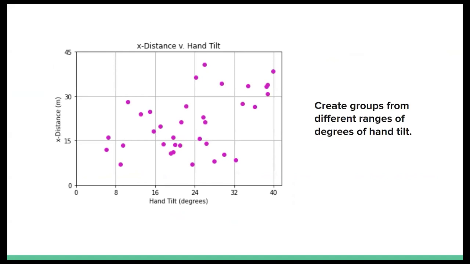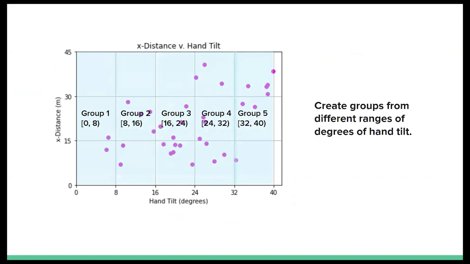What we do is we take a range of degrees. This is for hand tilt and x distance. So let's say this range is from 0 to 8 degrees. We make that column into one group, and we do so for all the different ranges, like 8 to 16, 16 to 24, and so on.